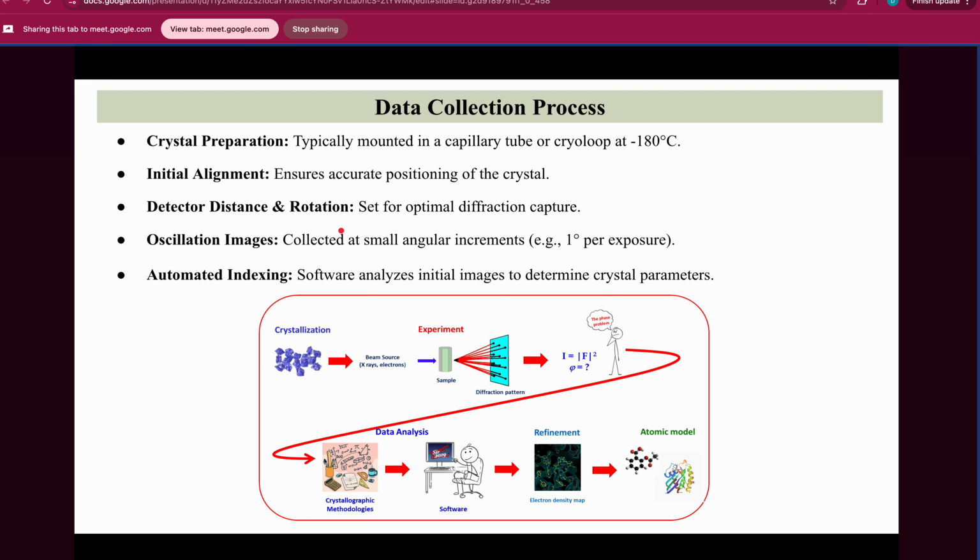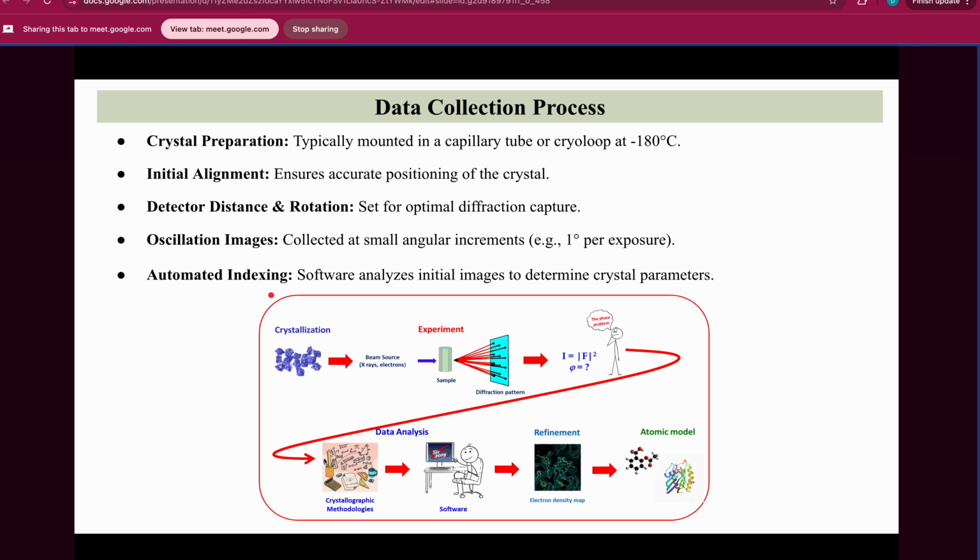Then comes detector distance and rotation, which is set for optimal diffraction capture. And then oscillation images. Because we are oscillating across different angles to capture different views of the crystal lattice, images are collected at small angular increments. We change the angle by small increments to check whether there is some change in the 3D lattice structure, or lattice points, which we are observing. And then there comes automated indexing.